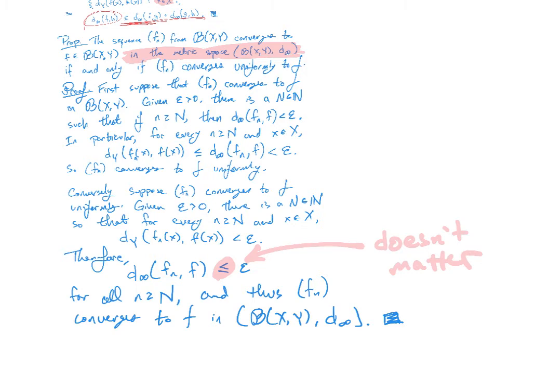What we could do here, we could say, given an epsilon greater than 0, there is a capital N such that this distance is less than epsilon over 2. And then we'd come down here and we'd say, okay, this supremum is less than or equal to epsilon over 2. But that's less than epsilon. So we're fine. Okay?